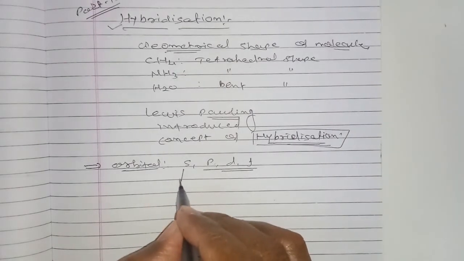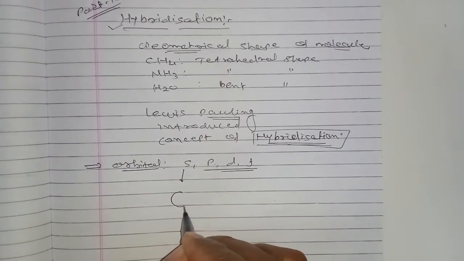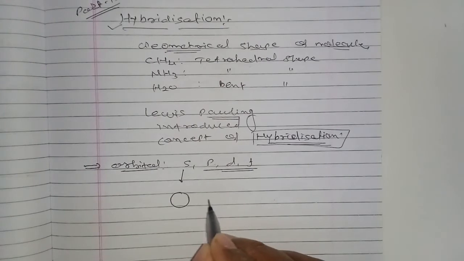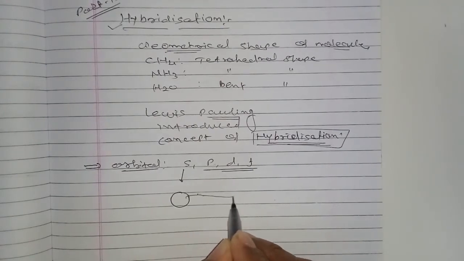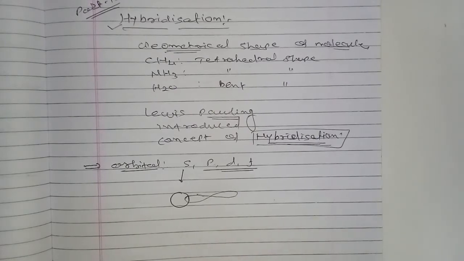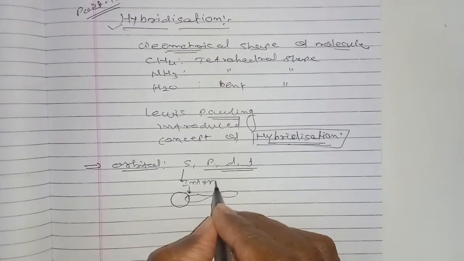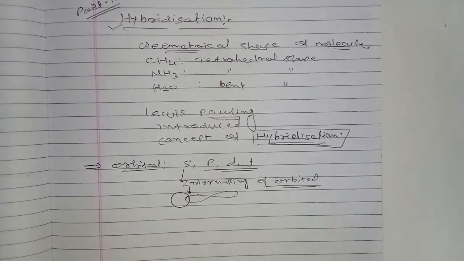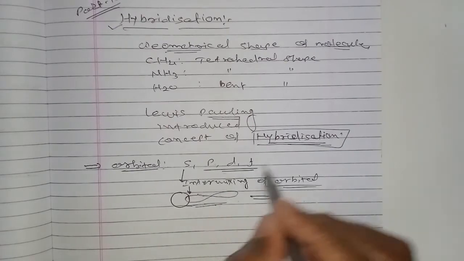For example, the s orbital is spherical in shape and the p orbital is dumbbell shaped. So the intermixing of the orbitals and the new set of equivalent orbitals are known as hybrid orbitals, and the phenomenon is called hybridization.